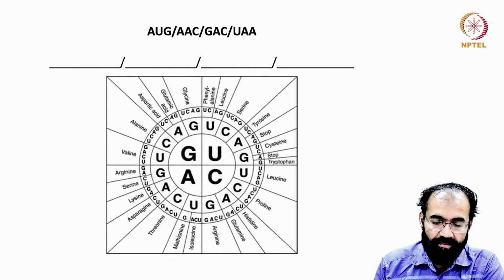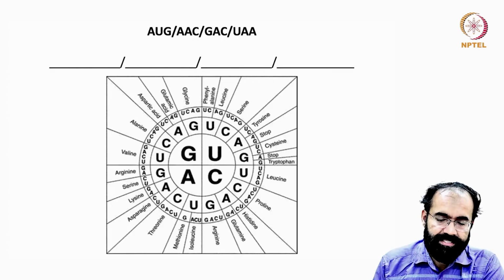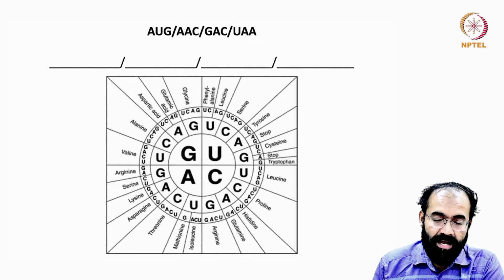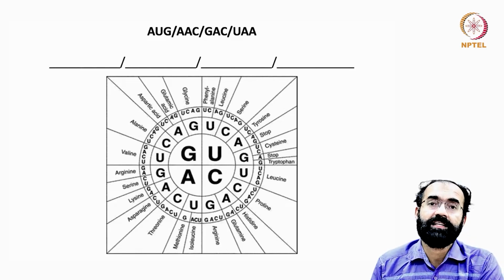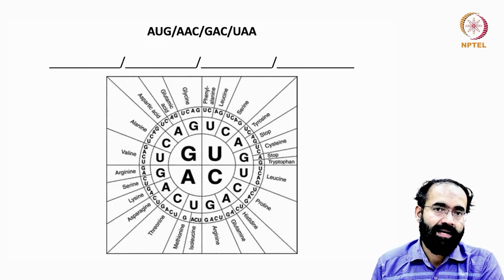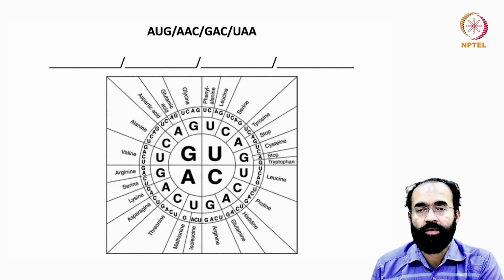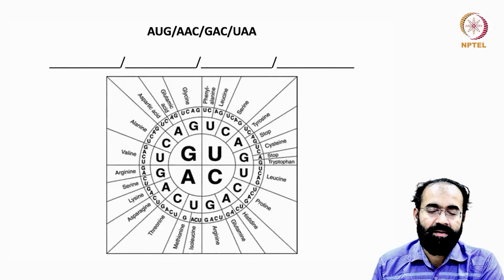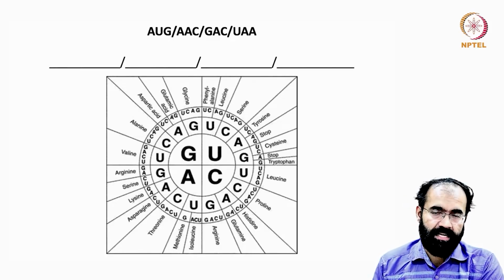See, here also you have CGG, arginine, CGA, arginine, CGC, arginine, CGU, arginine. So arginine has 4 here, 2 here, so a total of 6. Only methionine and tryptophan, 2 amino acids, have only 1 codon. All the rest have at least 2 codons.